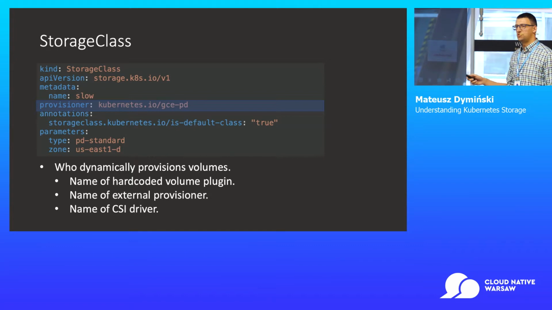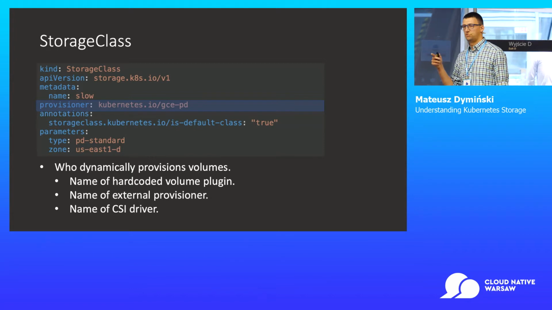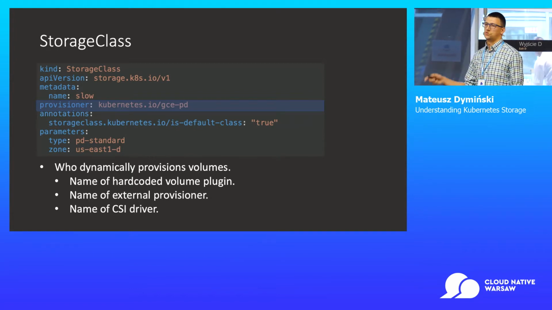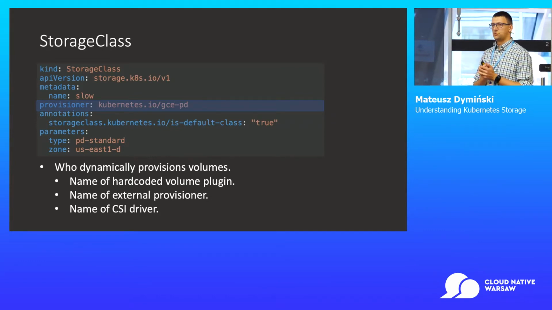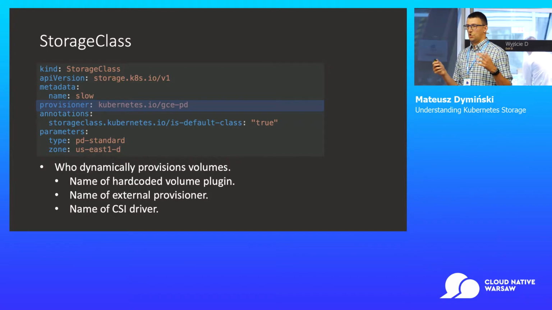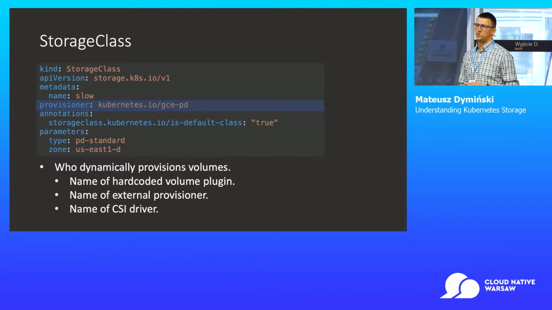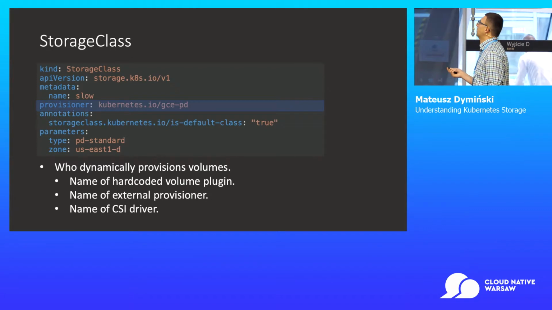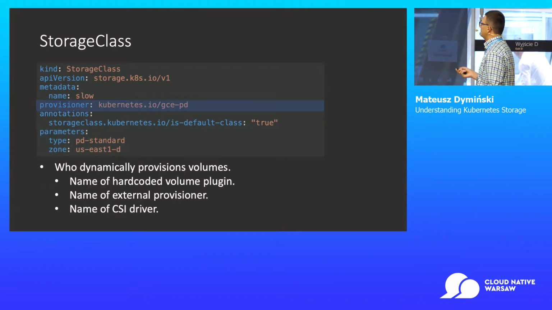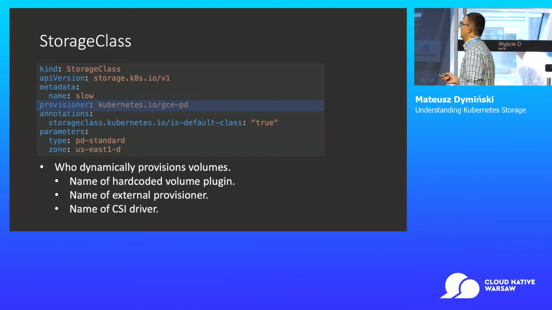In-tree means that the implementations of those provisioners are inside the Kubernetes source code, so every single remote storage provider needs to code how it needs to be ordered, for AWS, for GCE, and so on. This code resides inside the Kubernetes source code, which is problematic. That's why they created the CSI, which is kind of an interface, so now we might run it in a different way. But let's talk about that later.